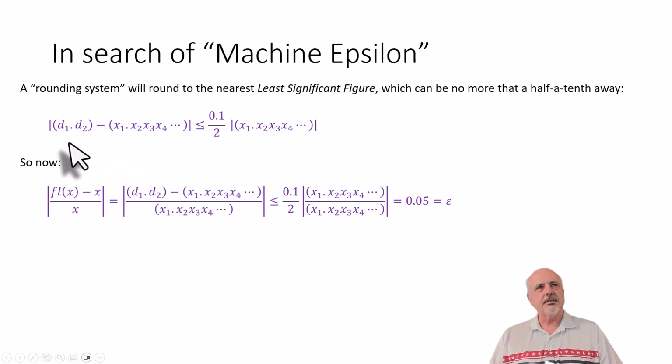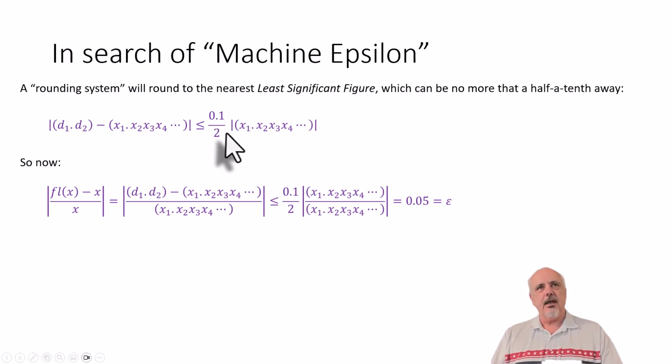On the next slide, I want to tell you, if it's a rounding system, the absolute value of the difference between those two numbers has to be less than or equal to half of the 10th place, 0.1 divided by 2, right?